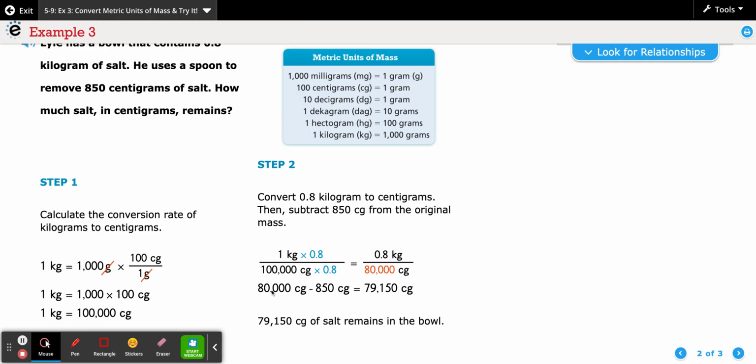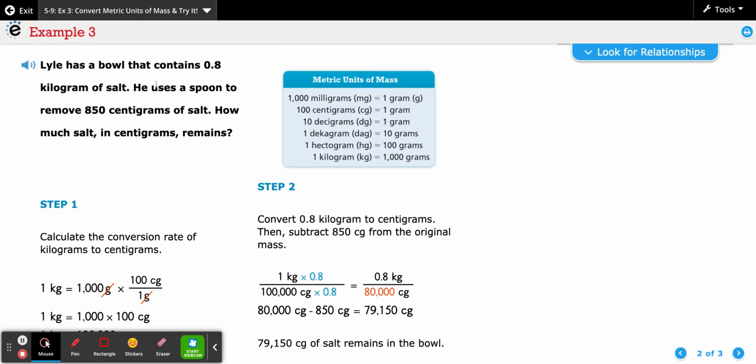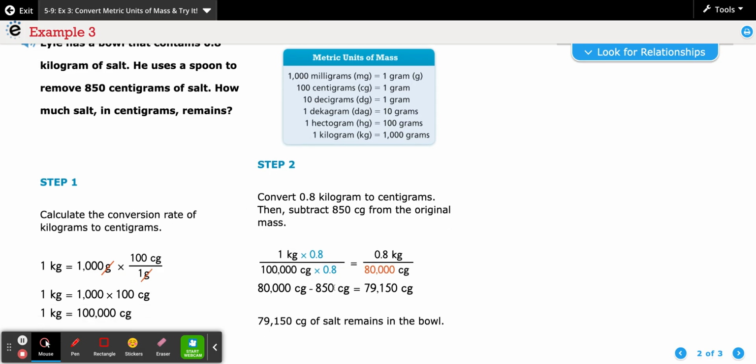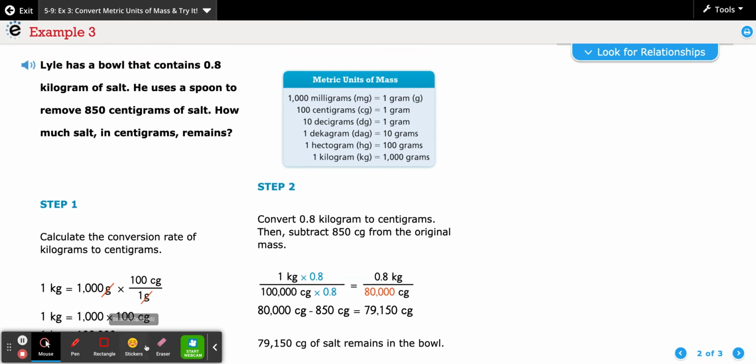And then finally they subtracted the 80,000 centigrams minus the 850 centigrams, right? So this was 800,000, right? So multiple steps there. Doing it in the way that we talked about, I think would be a little bit easier, especially for this one.